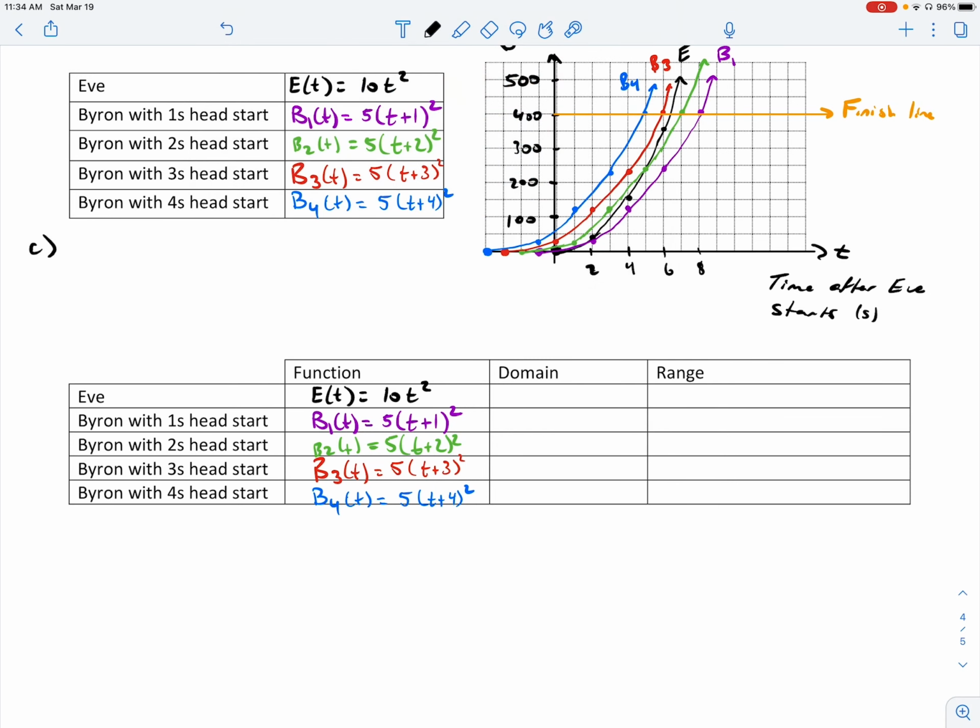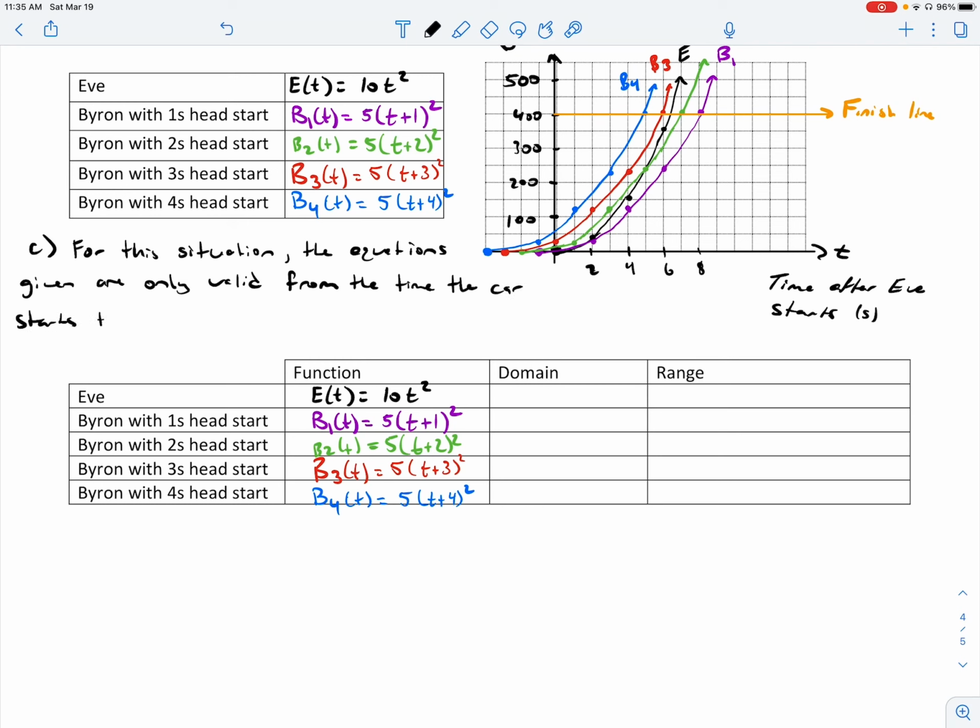For part C, for this context, the equations given are only valid from the time the car starts moving to the time it crosses the finish line.